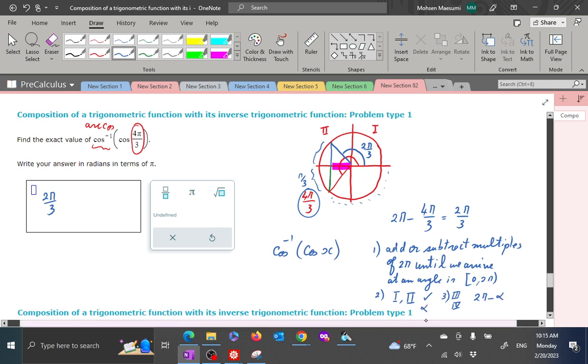So if alpha is in quadrant 1 or 2, well, that's what we wanted, and we are all done. If not, if you are in quadrant 3 or 4, then 2 pi minus angle alpha is your final answer.